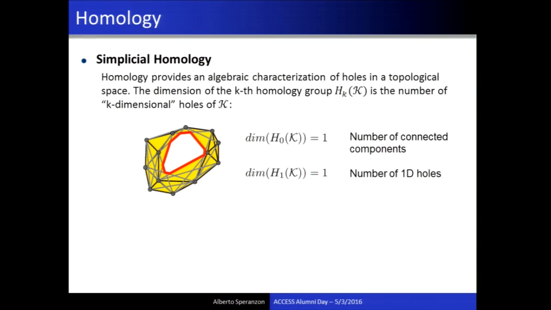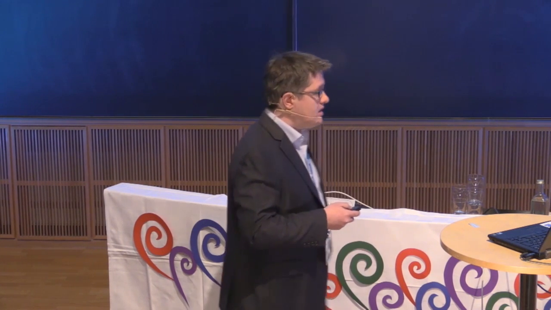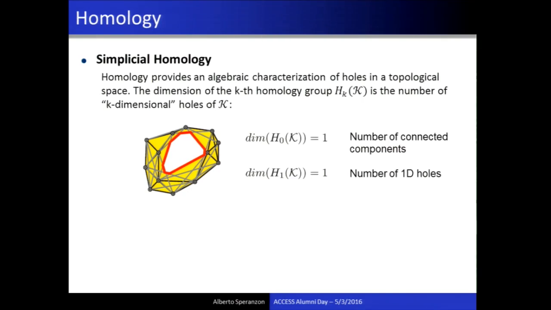Homology is pretty much counting or determining information about the holes of your simplicial complex. So if you have a simplicial complex here with a hole, as we had before, what it turns out is that you can compute some group structure on this simplicial complex whose dimension has some information about the simplicial complex.